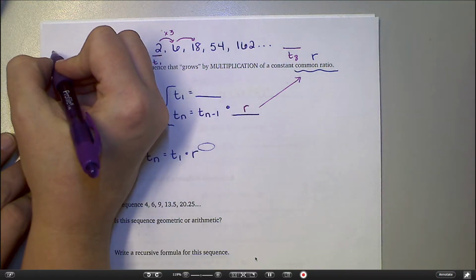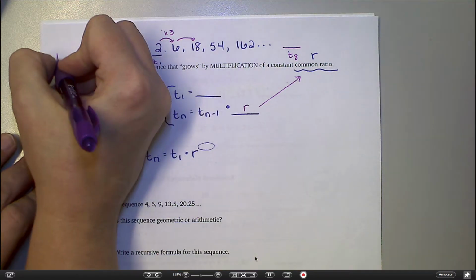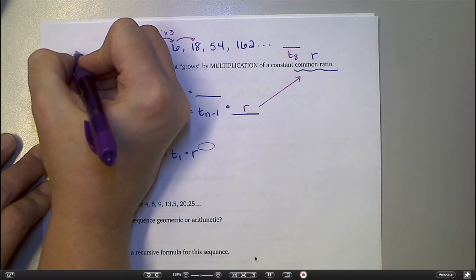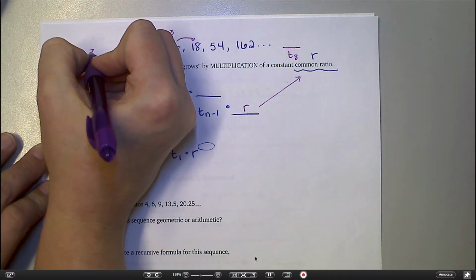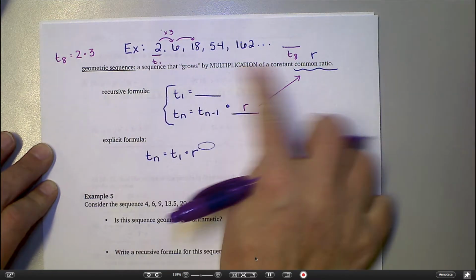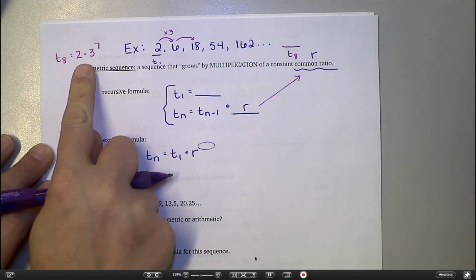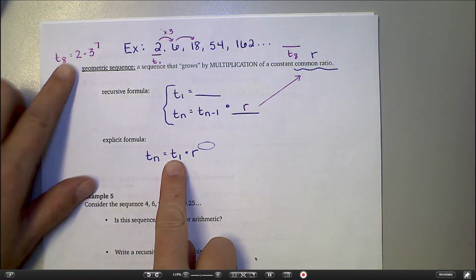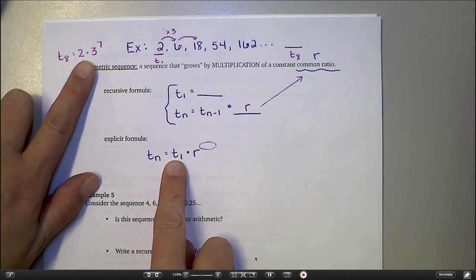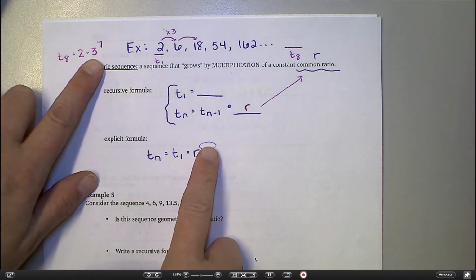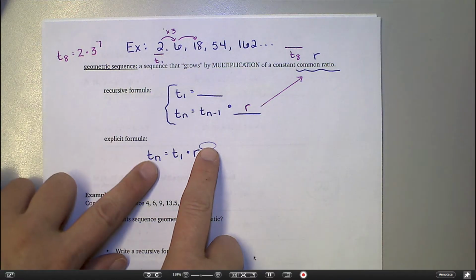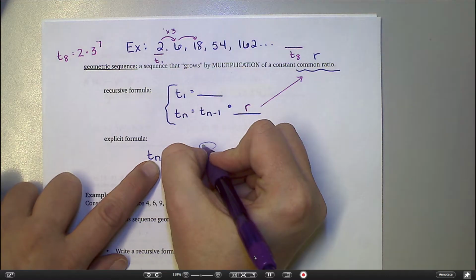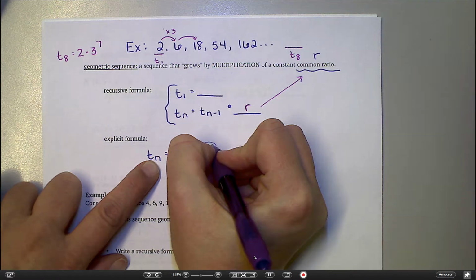So to figure out my term 8 here, I would start with that first term of 2 and multiply by 3. From 1 to 8 would be 7 times. It would look something like that. And so in our formula, we're saying term 1 times our R value of 3. And if I was looking for term 8, I would want to do a 7 here. So what I'm going to do is put an n minus 1 up here.